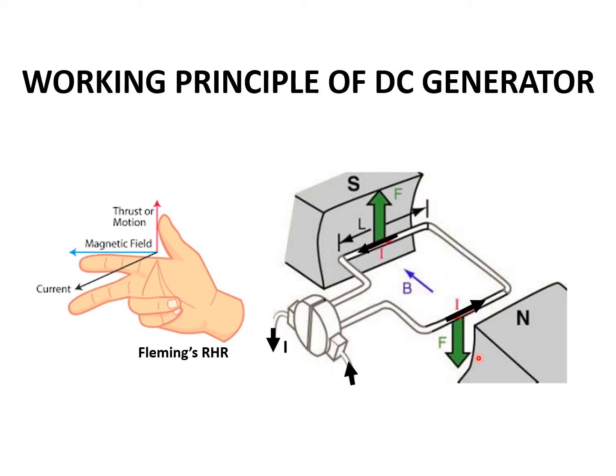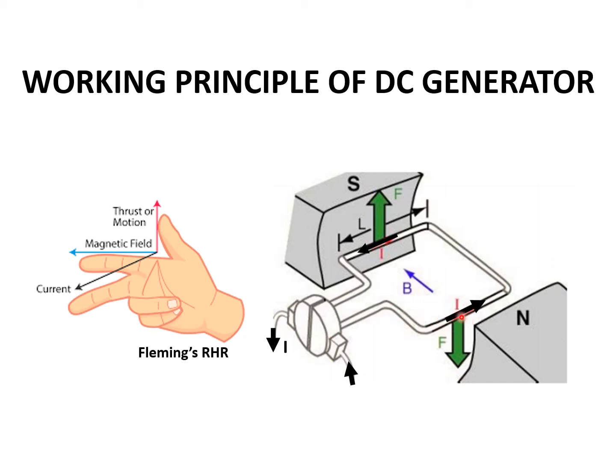Similarly, in the other conductor near the north, the thrust is in the downward direction and the flux is from north to south. By using Fleming's right hand rule, we find the direction of current is away from the brushes or commutator segment.